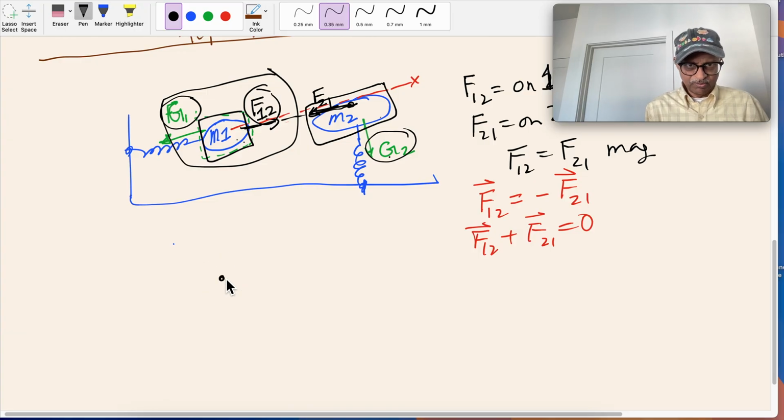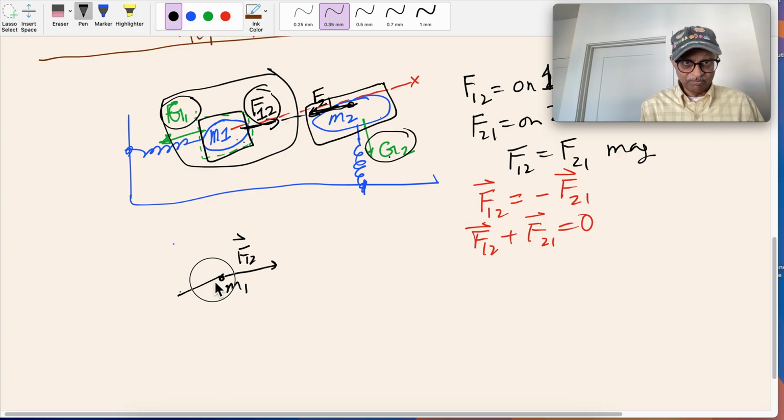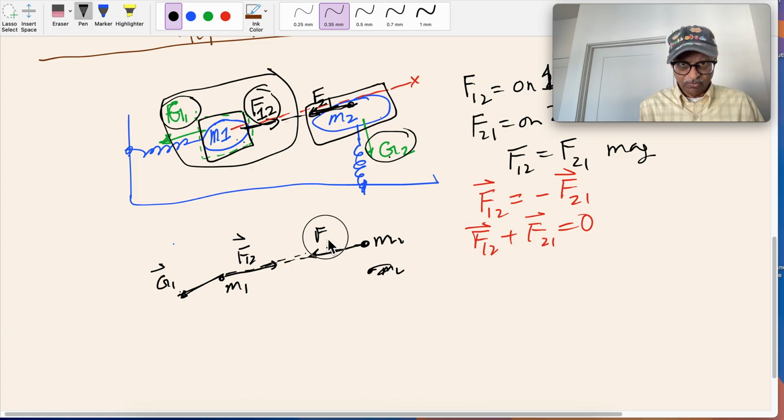So let me write it down more simply. M1 has a force F12 and a force G1, and M2 is in that line, with a force vector F21 and another G2.